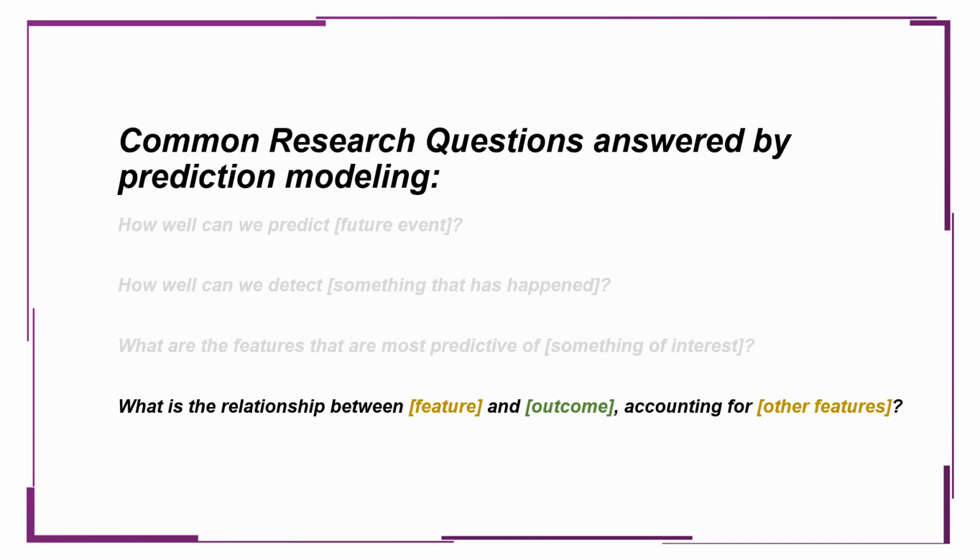And speaking of understanding relationships, while some modeling techniques offer greater transparency and interpretability than others, we often want to use prediction modeling as a way of understanding the strength and directionality of correlations between our features and outcomes under certain conditions.